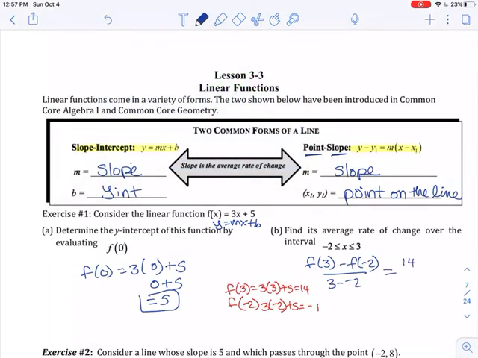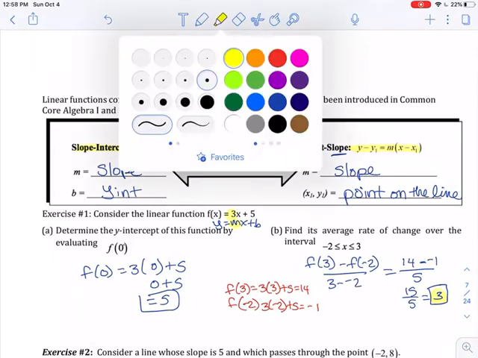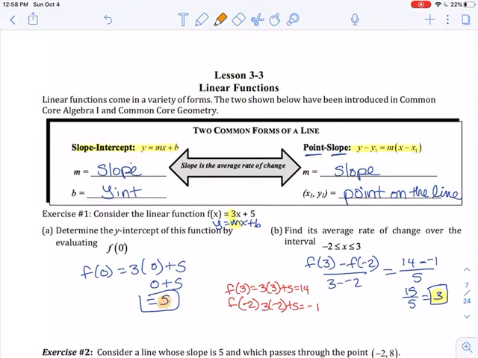All right, so now I'll use those in my problem. So f(3) was 14 minus f(-2) is -1, all over 3 minus -2 is 5. 14 minus -1 is 15 over 5. So my average rate of change over that interval is 3, which again makes perfect sense because my average rate of change is my slope is my m, and my slope was 3.